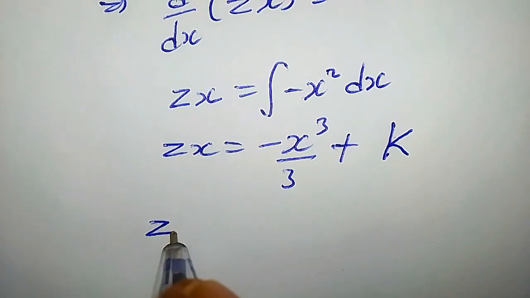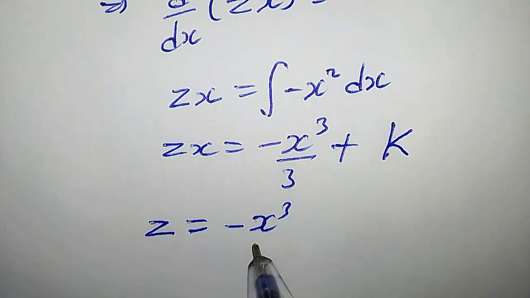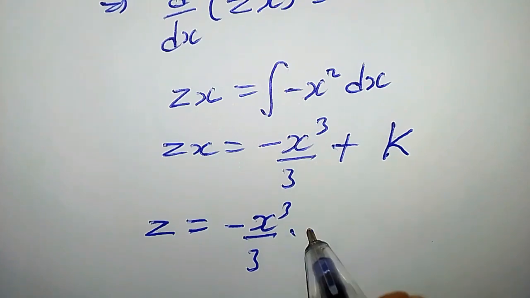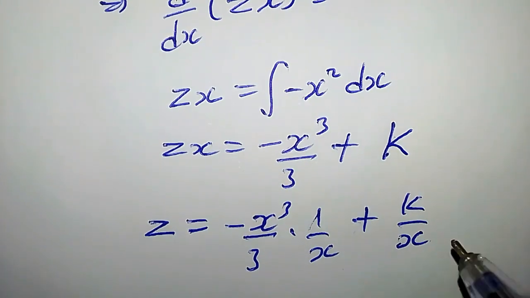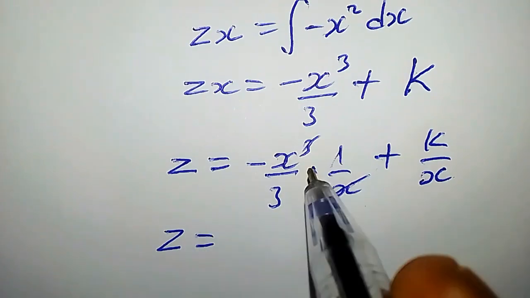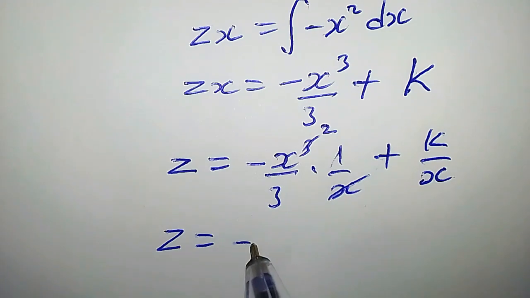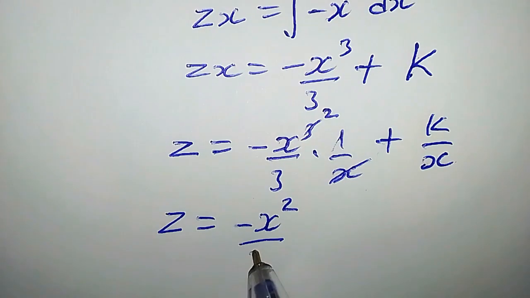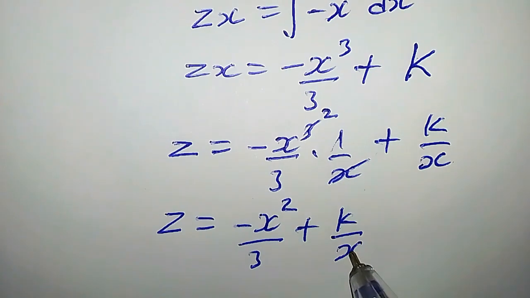Doing that, we have z equal to minus x cubed over 3 times 1 over x plus k divided by x. One x cancels, and we are left with x squared. So we have z equal to minus x squared divided by 3 plus k over x.